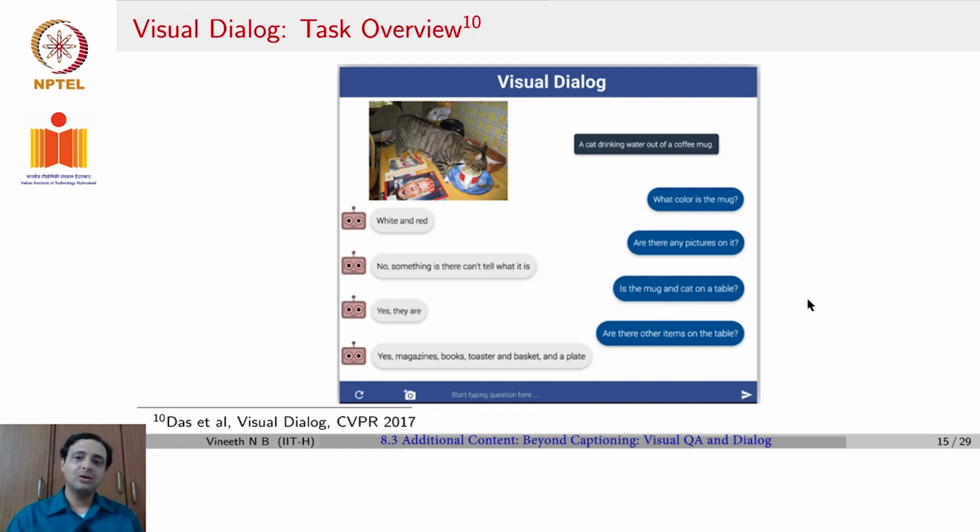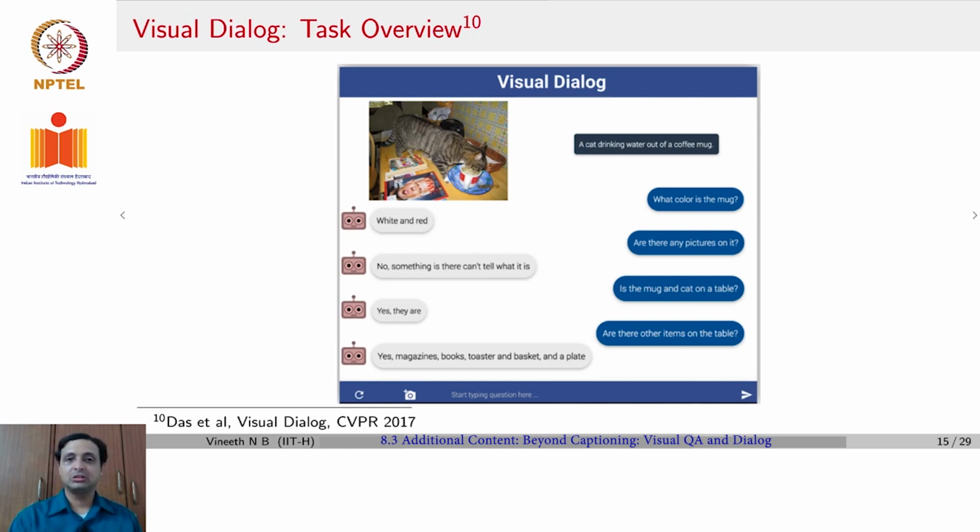We'll now move on to the second task that we planned to discuss in this lecture, which you can consider as an extension of visual QA, which is visual dialogue. So the overview of the task is given in the illustration here. This was first done in 2017.